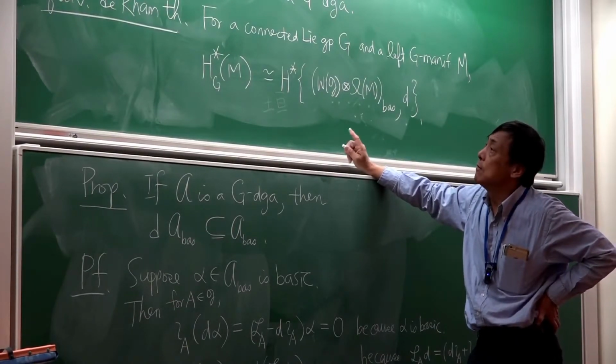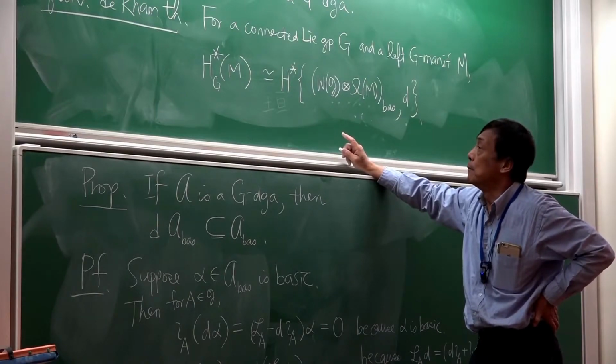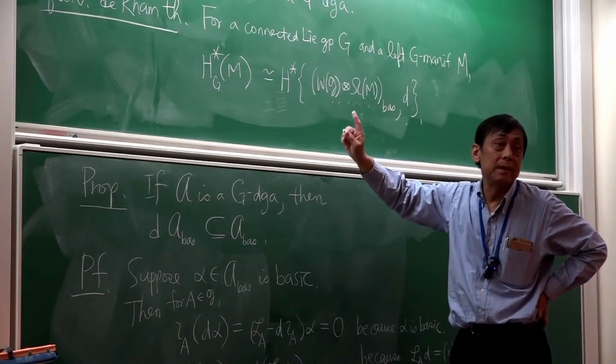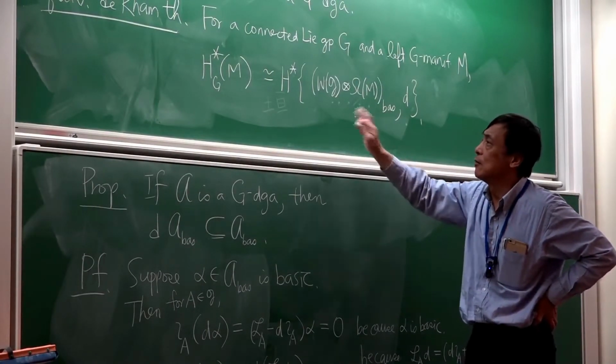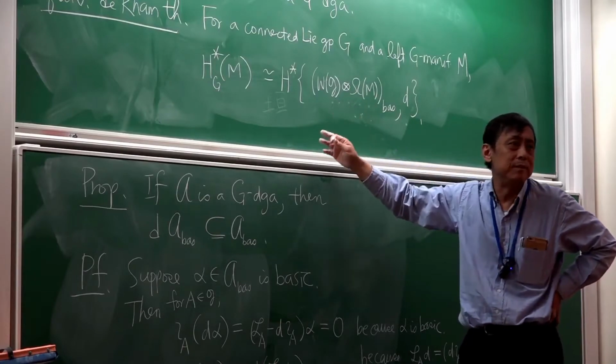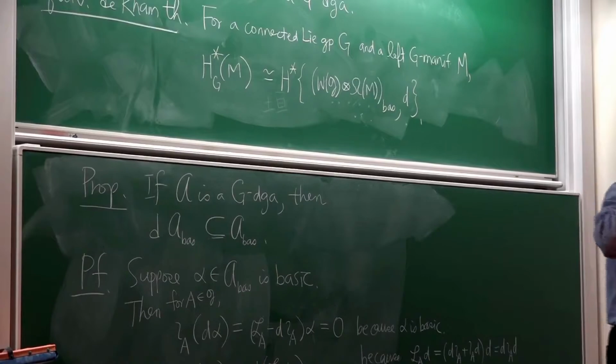Okay, so this is the equivariant de Rham theorem, and I hope to prove it, not right now, but at the end of the course. Okay, so let's first do some other stuff with it. Let's try to do some calculations using the equivariant de Rham theorem.